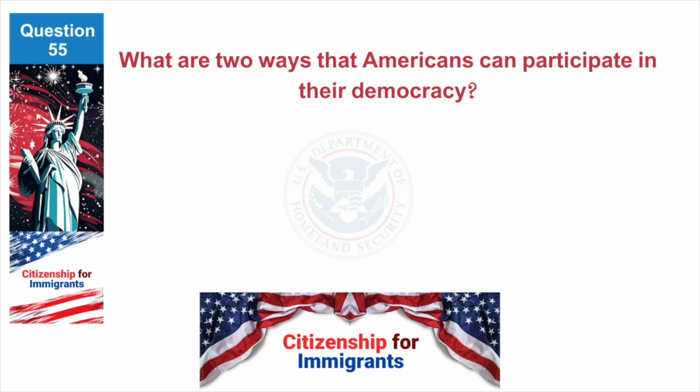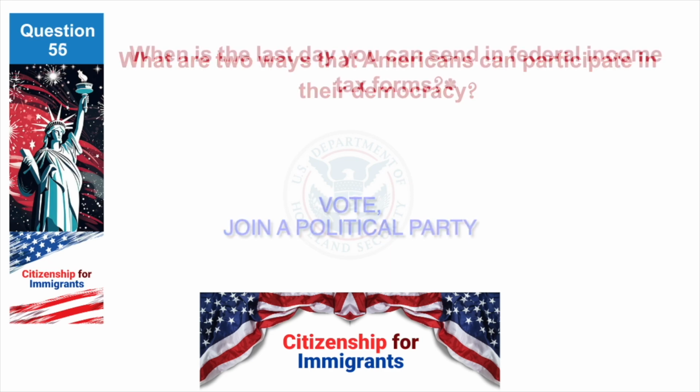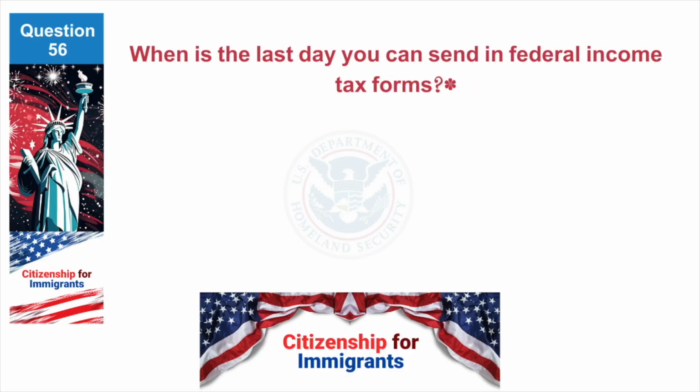What are two ways that Americans can participate in their democracy? Vote. Join a political party. When is the last day you can send in federal income tax forms? April 15.